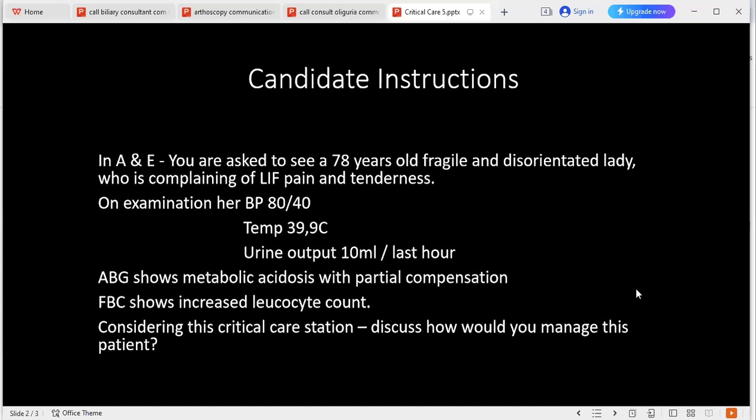Shock is defined as failure of the circulatory system. There is failure in the circulatory system, so there will be hypoperfusion, which results in organ failure, ma'am. That results in the vitals like blood pressure is low, temperature is high, and urine output is also less.